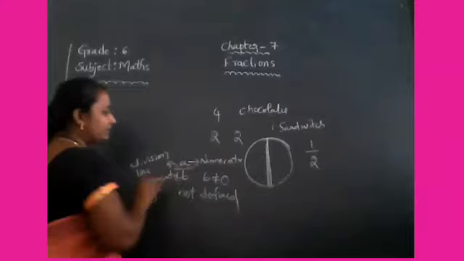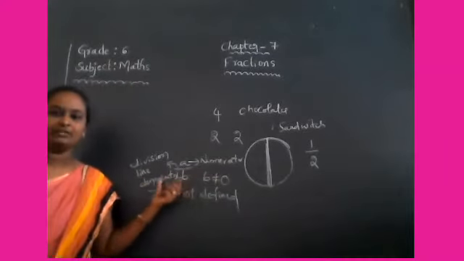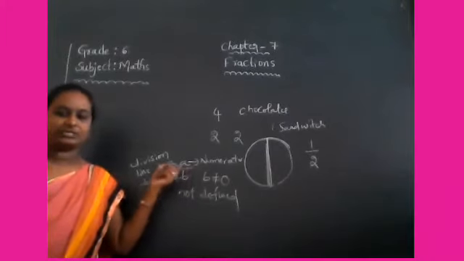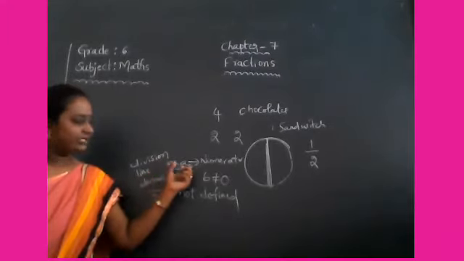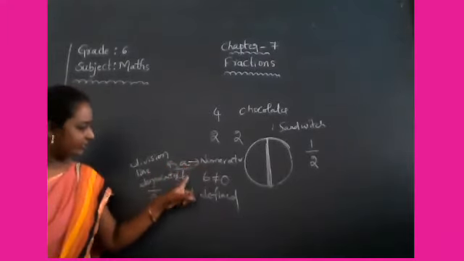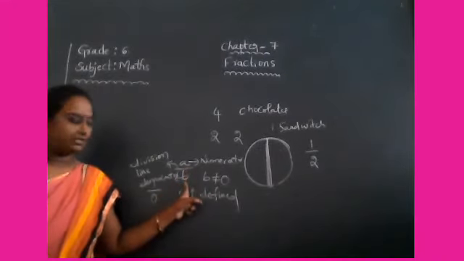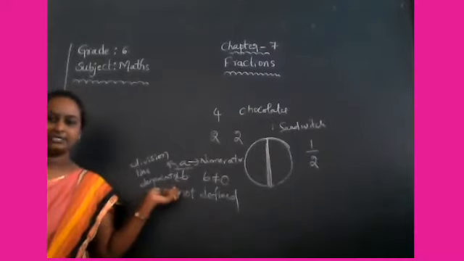The value above the division line is called numerator. The value below the line is called denominator. Okay children, is it clear?